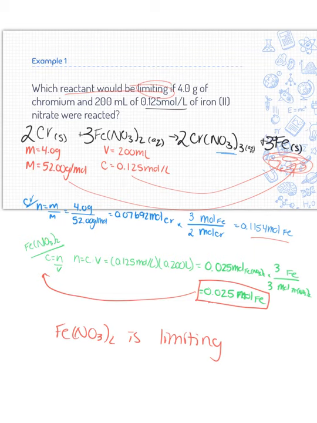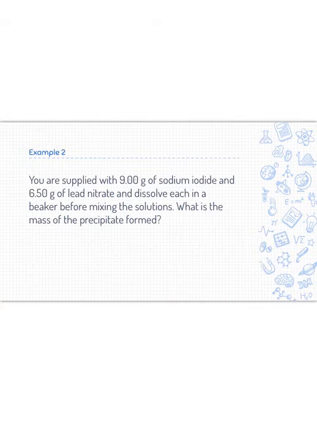We know that this will react to completion. The chromium will run out of its companion, iron 2 nitrate, before it can make this much product.